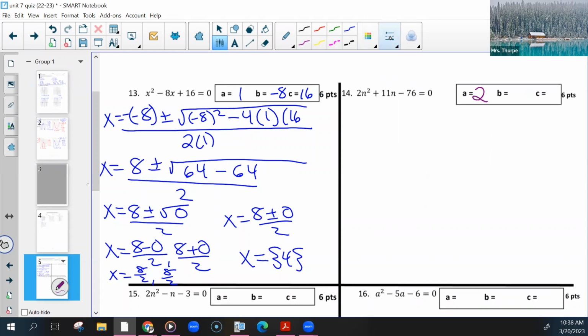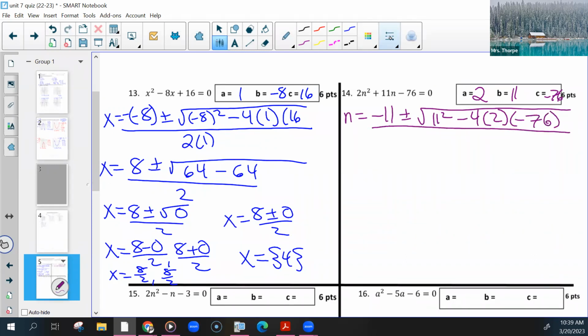So this would be 2, 11, -76. Here we're going to use n equals -11 plus or minus the square root of 11 squared minus 4 times 2 times -76, all over 2 times 2.